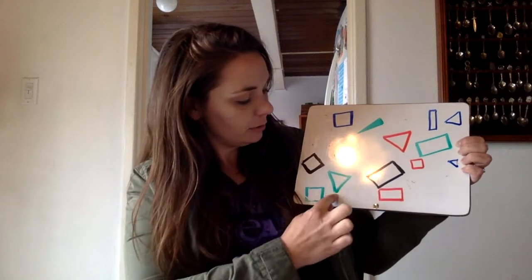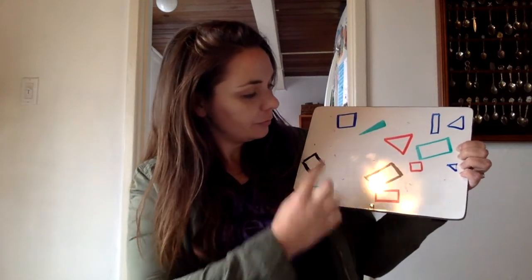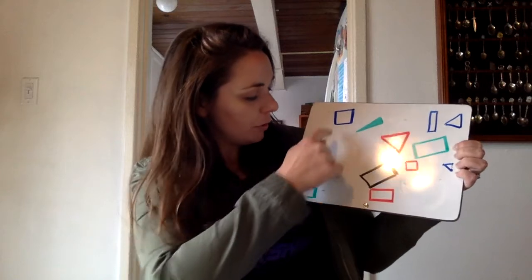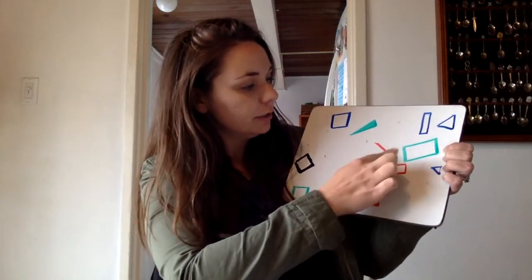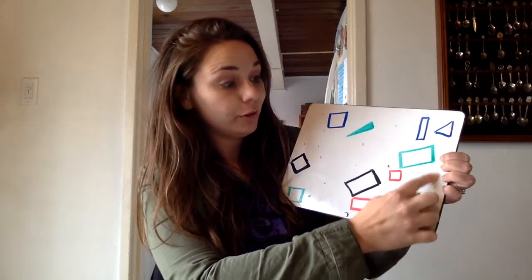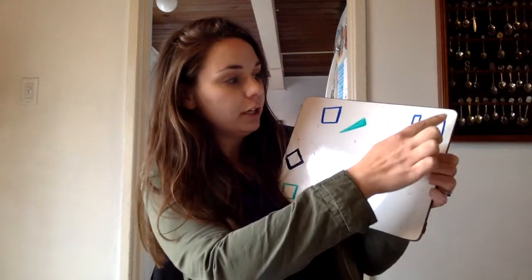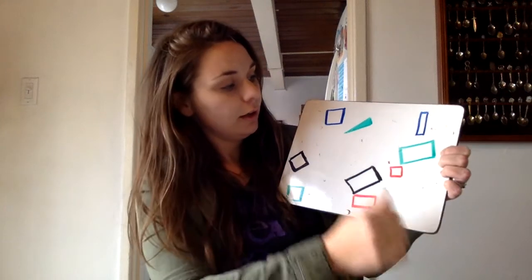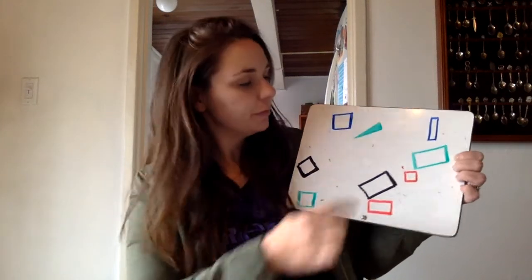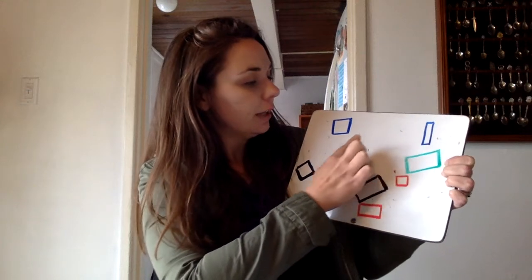This one has 3. Let's see. 4, 4, 4, 4, 4. This one has 3. It's a triangle. This triangle's almost erased, but it's got 3 corners. And there's a triangle here we can erase. And don't forget the one right in the middle. It has 3 corners.